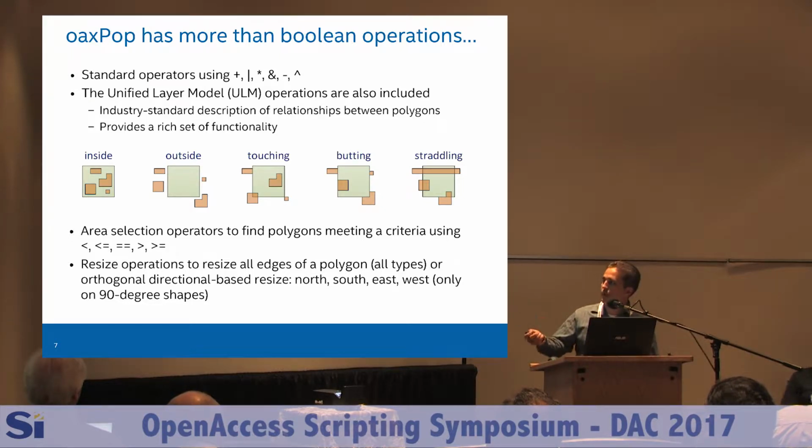This is just a small subset, but there are about a few dozen, I believe. There are also area selection operators, so any polygon that meets a criteria of greater than, less than, or equal to a certain area of that shape. And then there are, of course, resize operators to allow shapes to expand or contract.